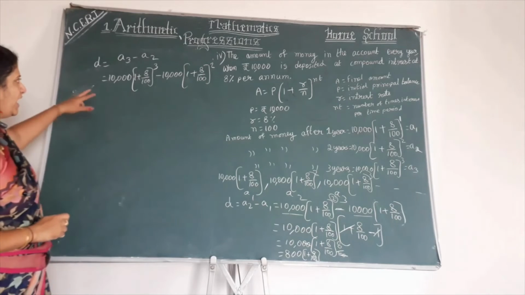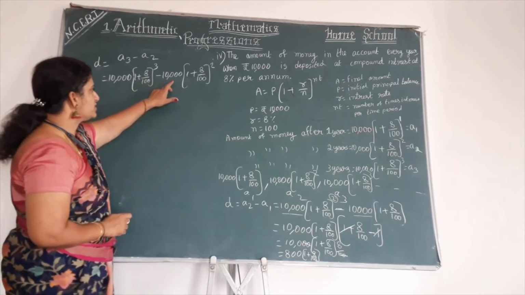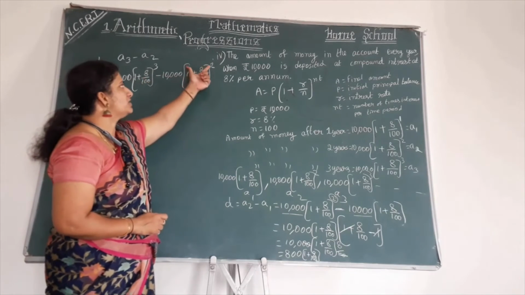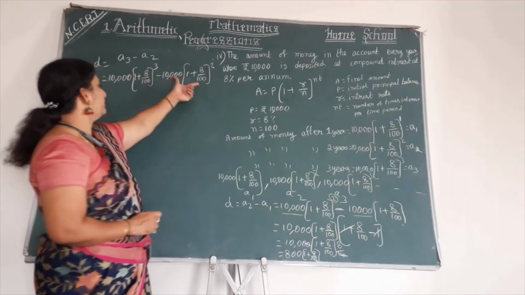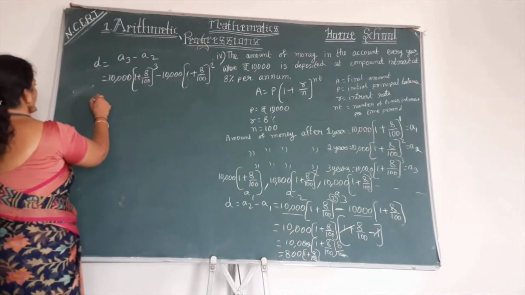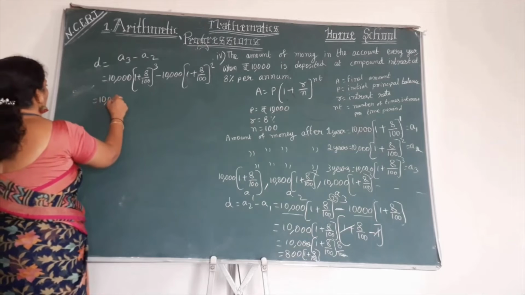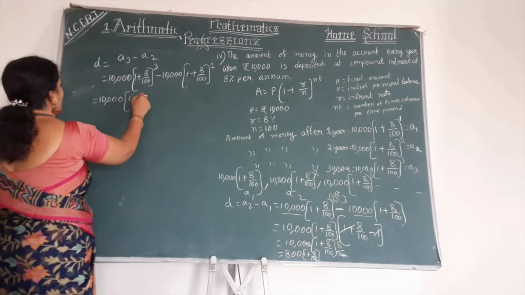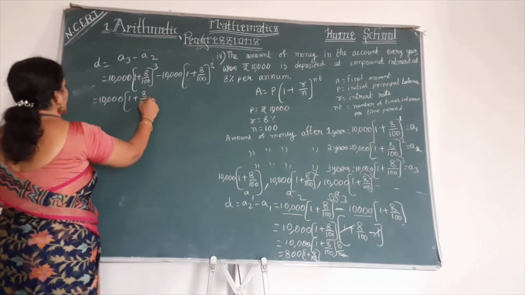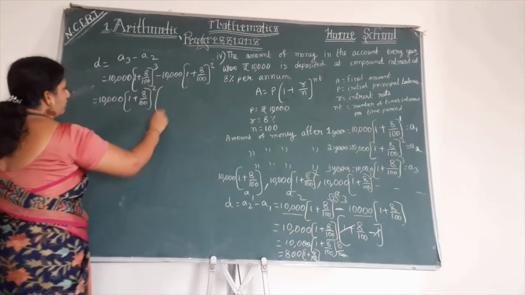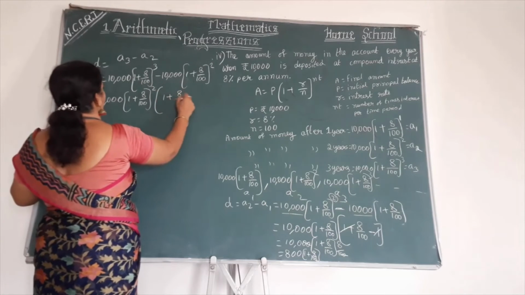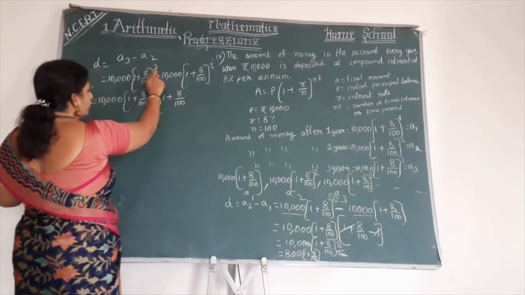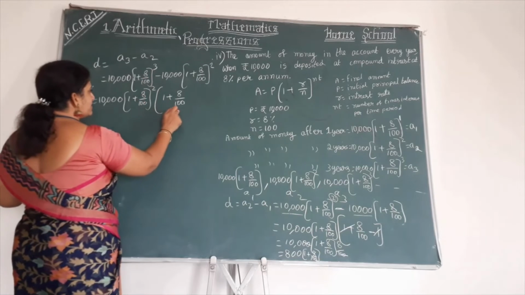Now look over here carefully. 10,000 is common, and this whole square set is common in both the terms. So take out 10,000 common, and again (1 plus 8 by 100) whole square common. What are you getting? One set is left here because it's whole cube, and I have taken whole square.